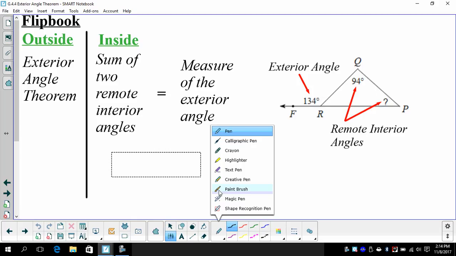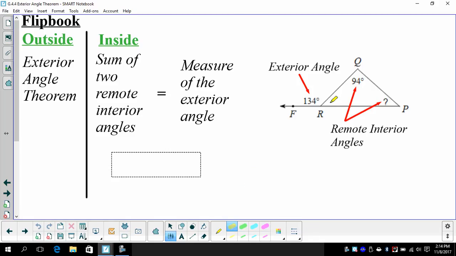So this angle here of the triangle is not a remote interior angle because it's right next to the exterior angle that we're looking at. So if we look at this exterior angle and the two remote interior angles, the exterior angle theorem shows us how those measures relate.